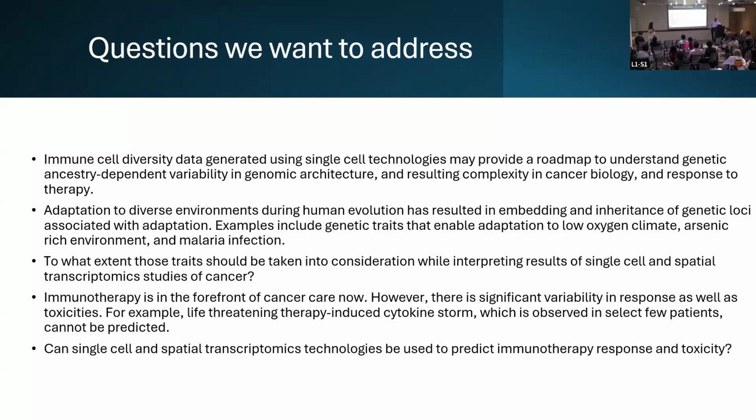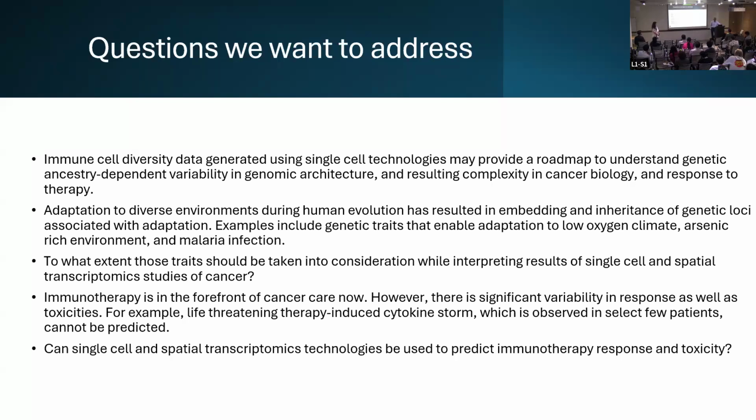And the second question we have is again the adaptive traits that I mentioned. To what extent do we need to give importance to that while defining the cancer atlas? One for sure, the one which I emphasized, the Duffy trait: we all know that women who are null for Duffy, although the gene is called ACKR1, if they have the polymorphism, they don't express that gene.